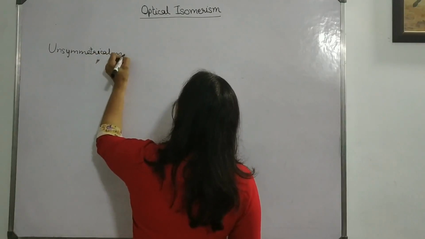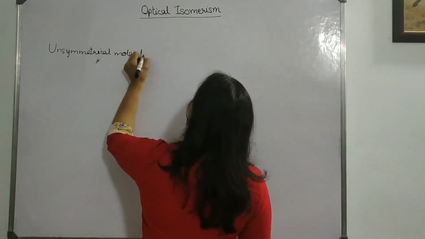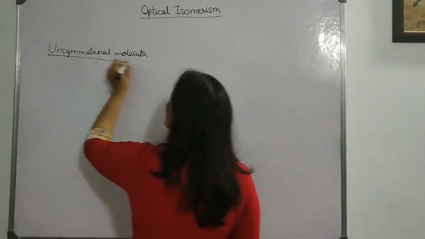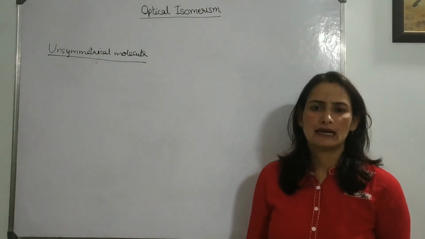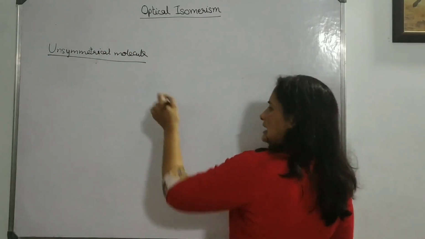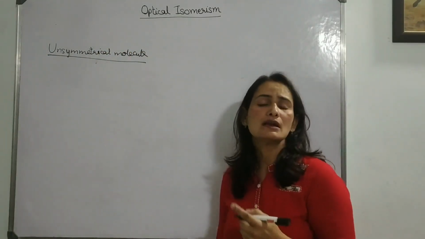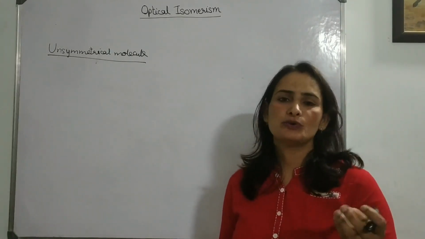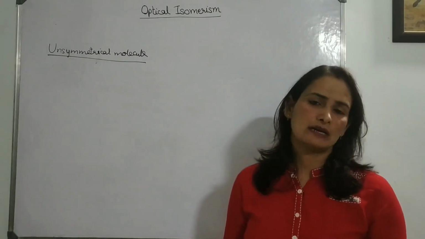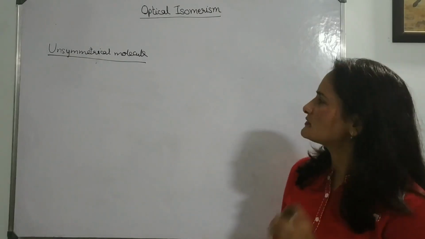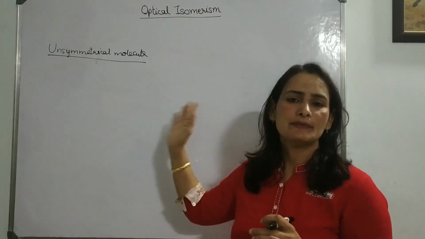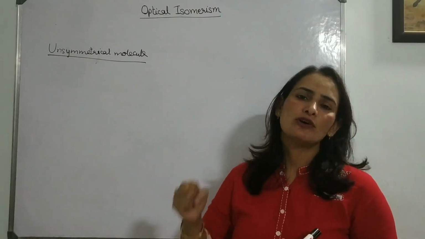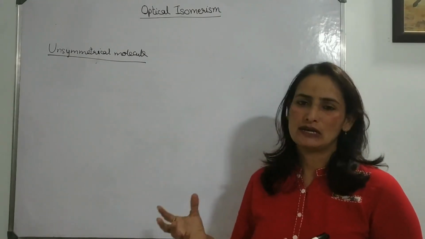Unsymmetrical molecules are essentially required to show optical activity. Okay? And if you have a symmetrical molecule which has either POS or COS, it will never show optical isomerism. So being unsymmetrical is a requirement for a molecule to be optically active.